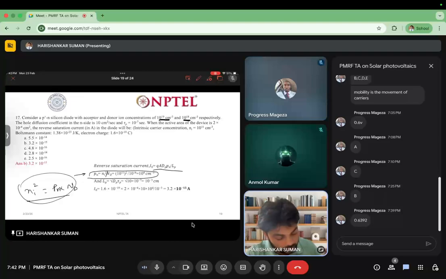Here we will get Pn as 10 to the power 4, and the diffusion length is the square root of diffusion coefficient times tau. From here you will get 10 to the power minus 3 centimeter.